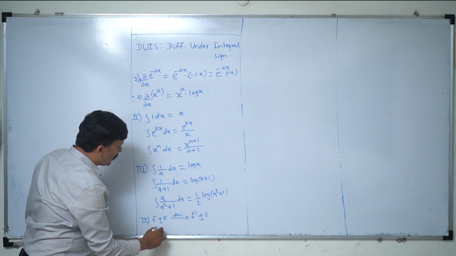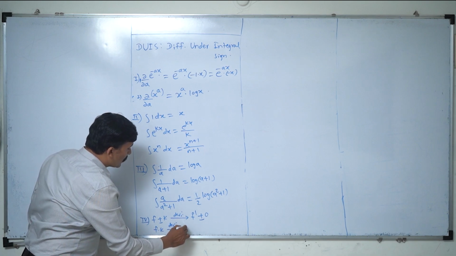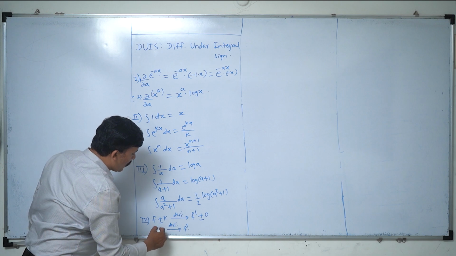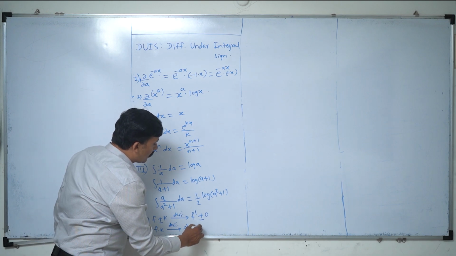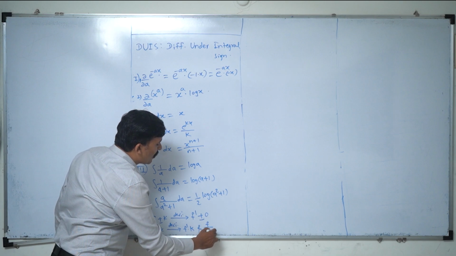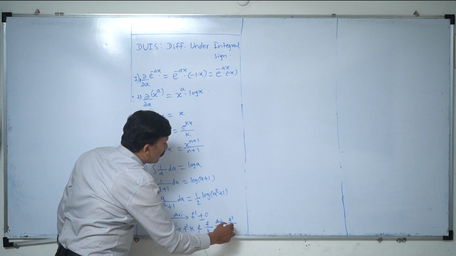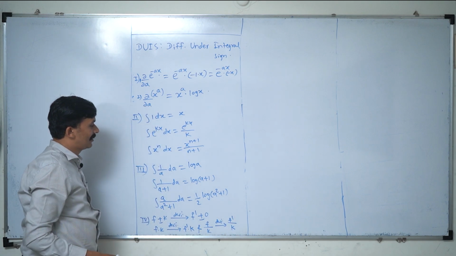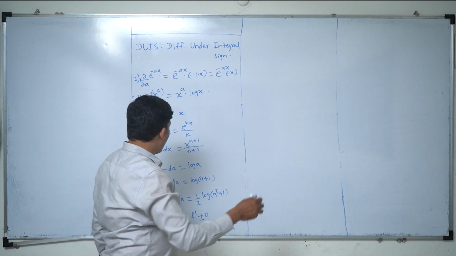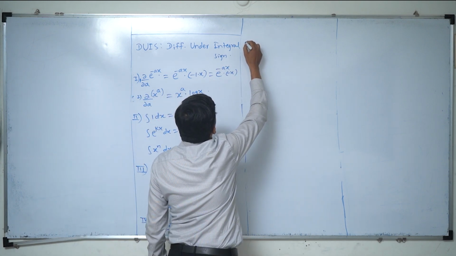But if function into k is constant, then that constant remains as it is, times the derivative of function. One more thing, suppose function upon constant, then its derivative is the derivative of function, and that constant in division remains as it is. So we require these 4 points in problem solving of DUIS.